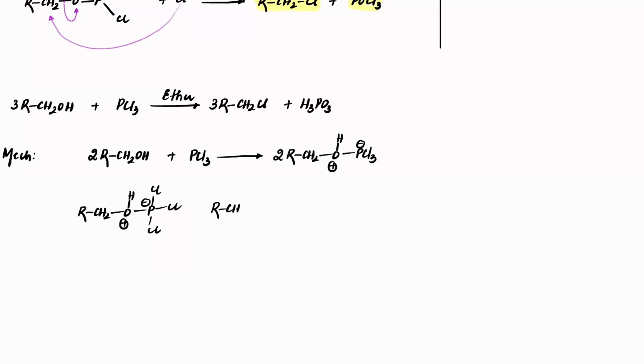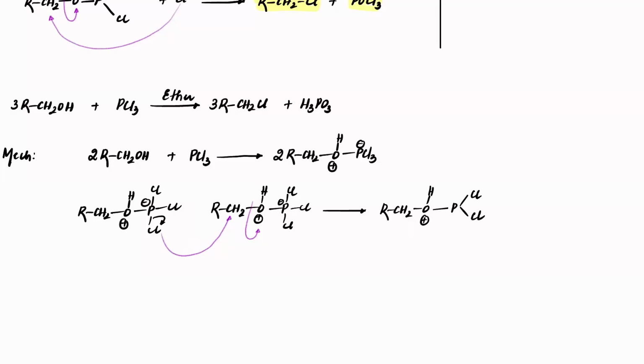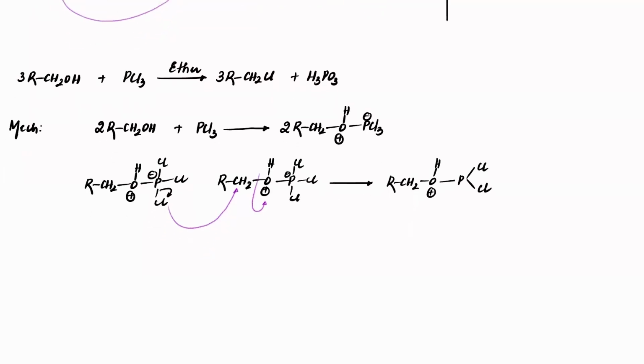And the second mole RCH2OH plus and PCl, Cl and Cl minus charge. So from here this Cl will go and attack onto this position and break this bond. Okay. So that will leave behind RCH2OH plus and PCl and Cl. Correct? And the same thing will happen with the next mole also.